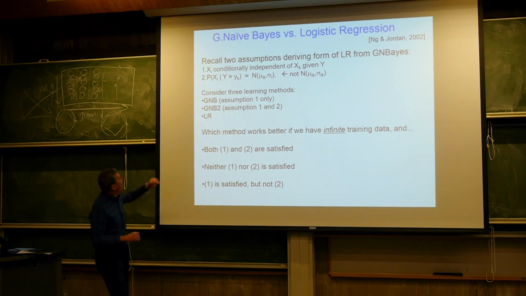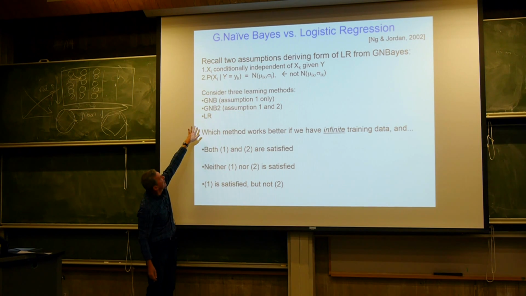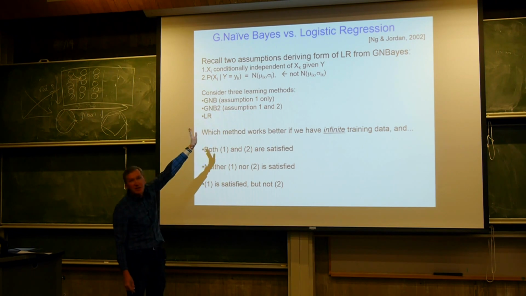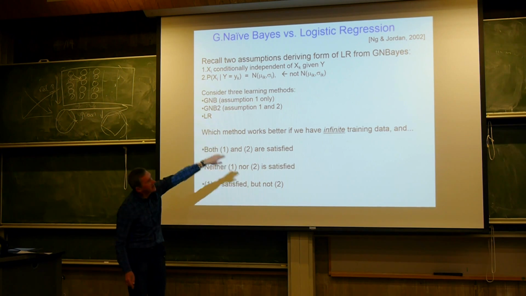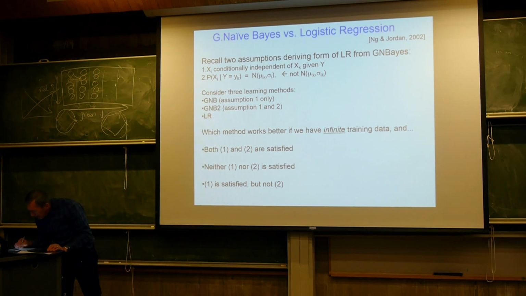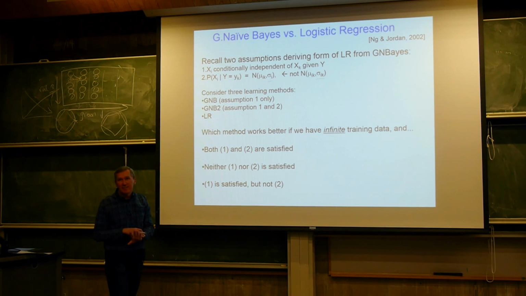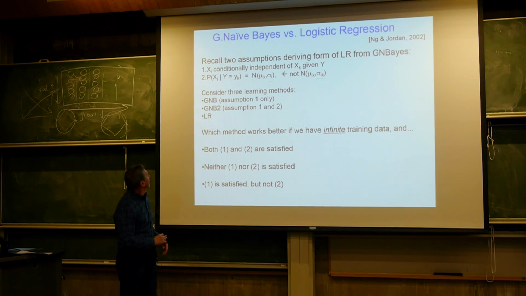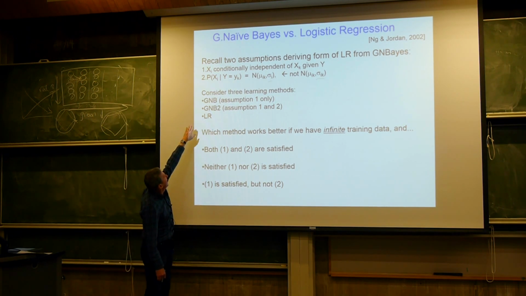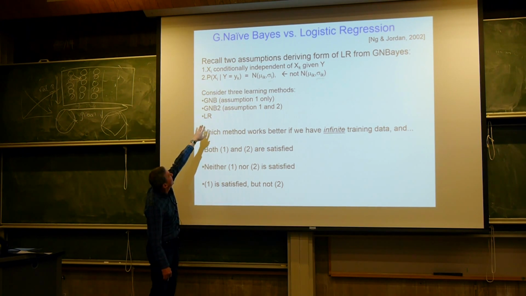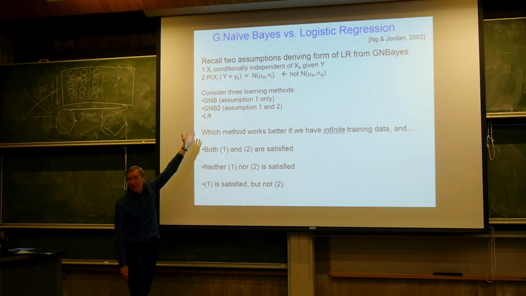Suppose I define, just to make our conversation clear, that there are two assumptions we can make. Number one, that x sub i's are conditionally independent given y. And assumption two is that these variances are independent of y. I'm going to call Gaussian naive Bayes the more general of those.